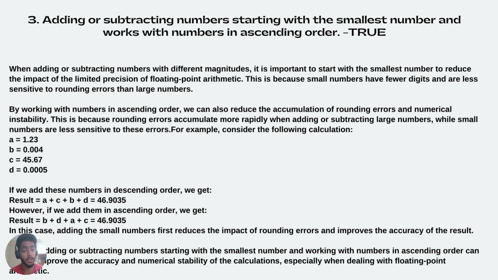But if we add them in ascending order, we again get the same result. But if we add the small numbers first, it reduces the impact of rounding errors and improves the accuracy of the results. So yeah, if we just start off with the small numbers, we can get some really accurate results, and it can be really helpful in some complicated calculations. Let's go on to the next question.